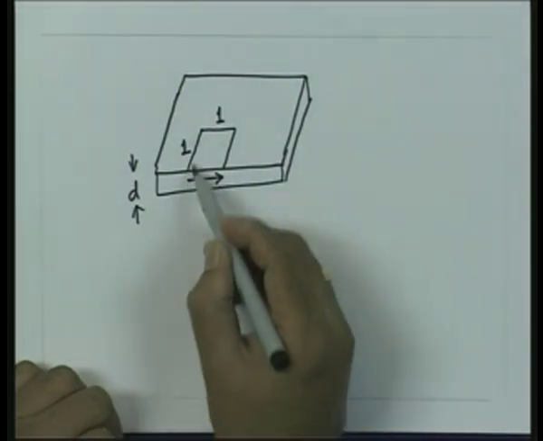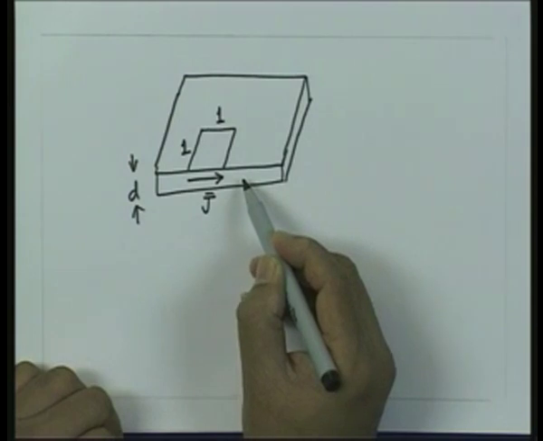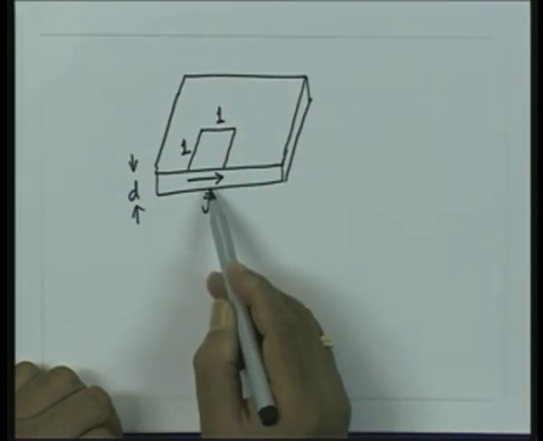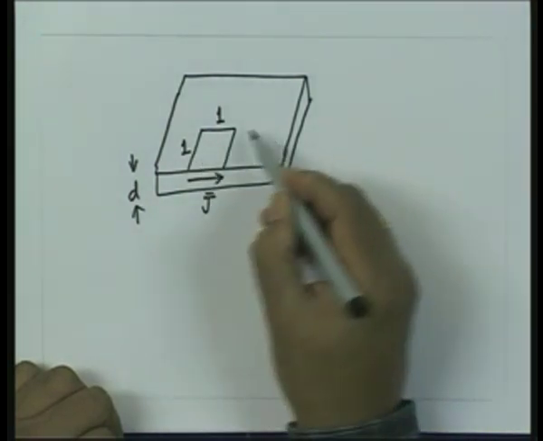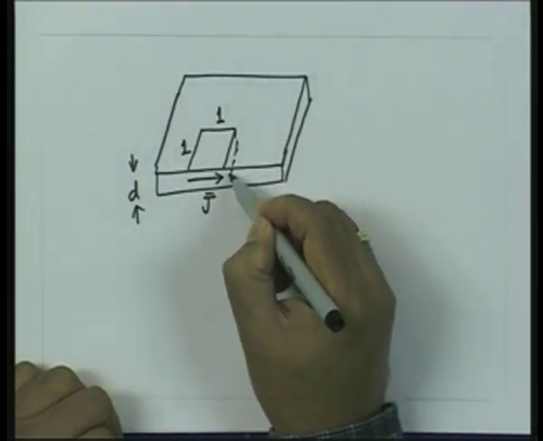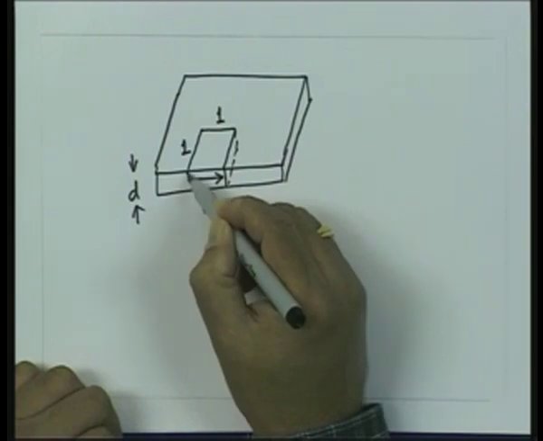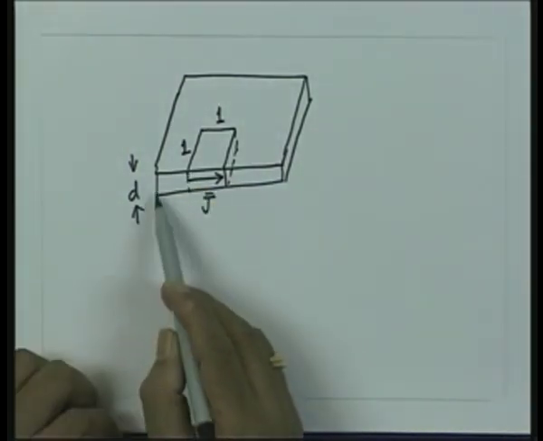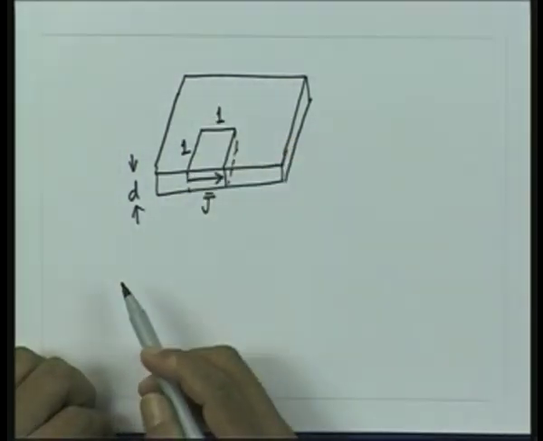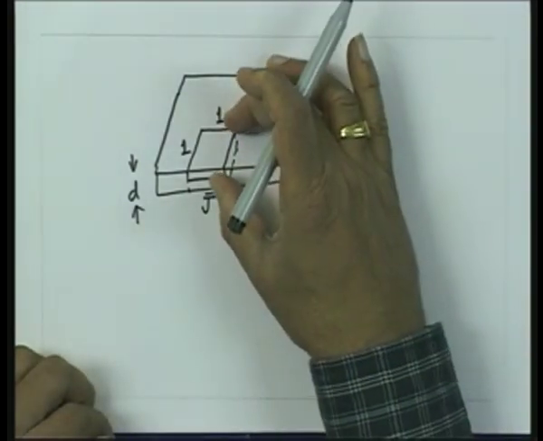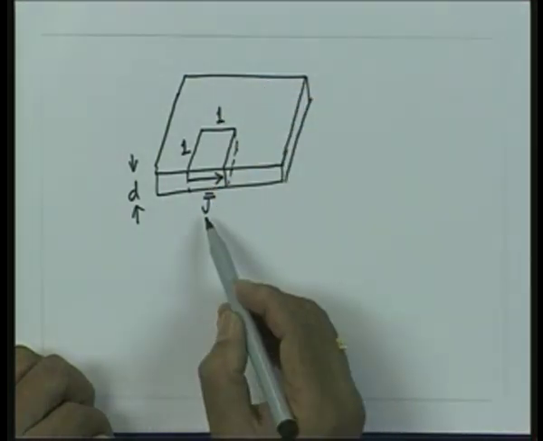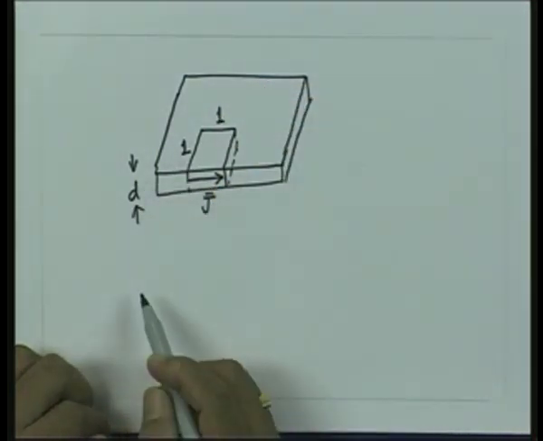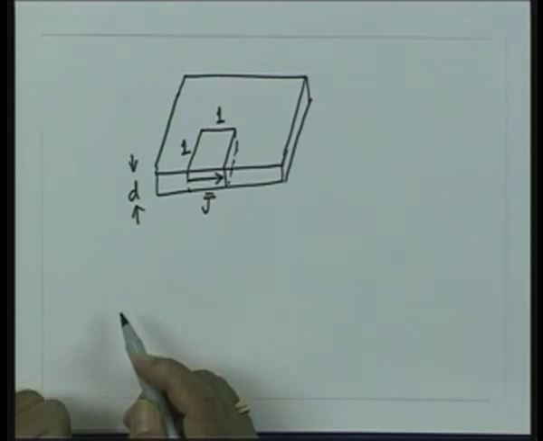The total current which will be flowing through this will be J multiplied by the cross section of this, which, if I see from the H side, will be d into 1. So, the total current which I am going to see under this area will be J into 1 into d, that is the current which is confined to this.